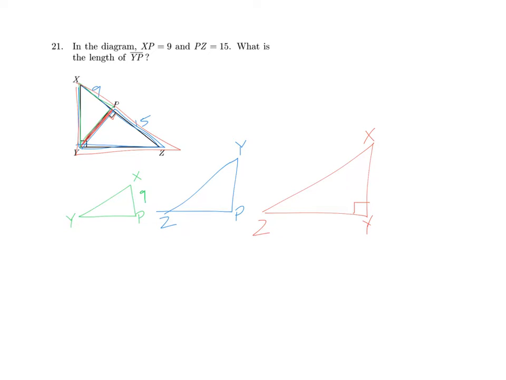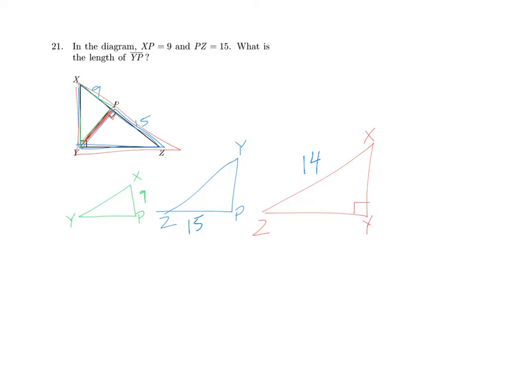XP is 9. YP is what I'm trying to find. For the blue triangle, I have PZ is 15, and YP. Then I have the hypotenuse for the red triangle, which is 14.